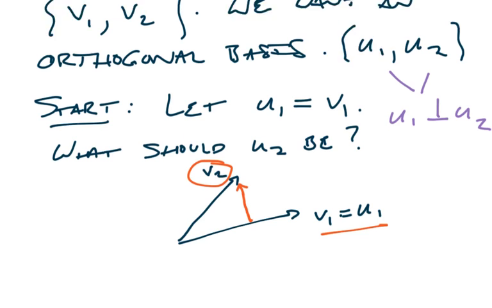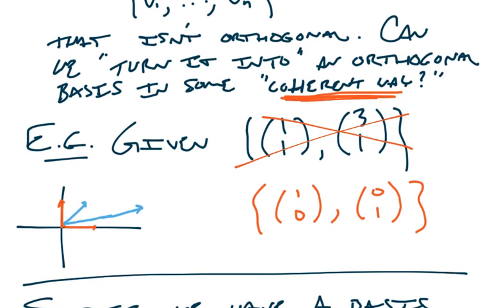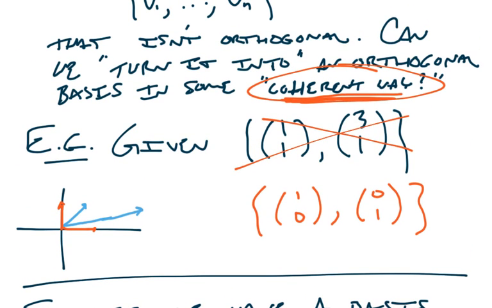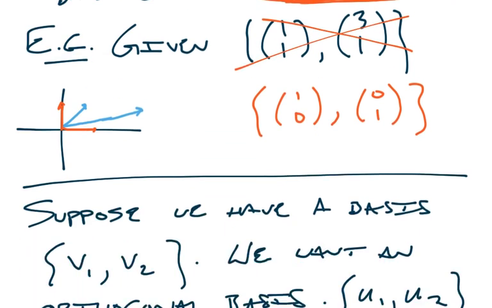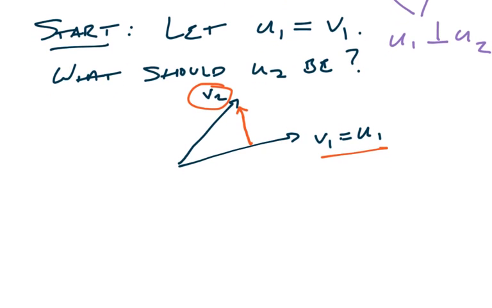And again, we always want to have this idea in the back of our mind of doing this in a coherent way, a way that doesn't just scrap all the original information in the original basis, but rather uses it to generate orthogonality. And so what we want to do here is figure out this red vector that I've just drawn in this picture, because that's going to be the part of V2 that is orthogonal to V1.